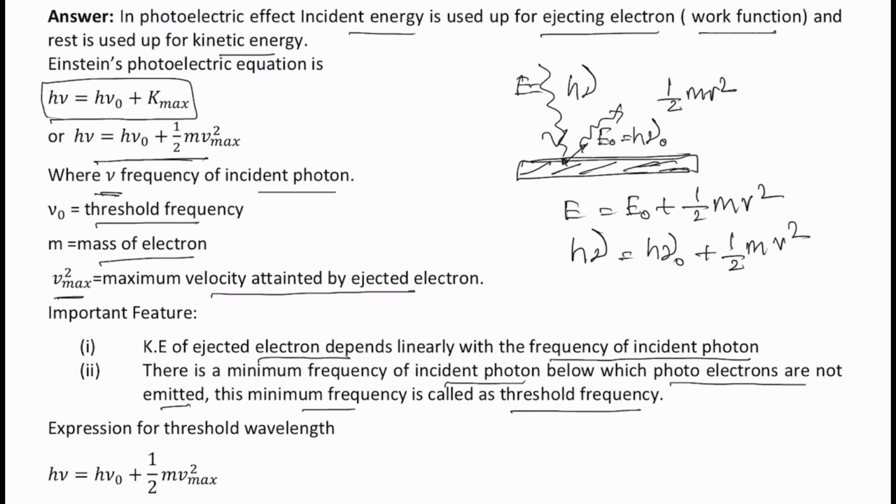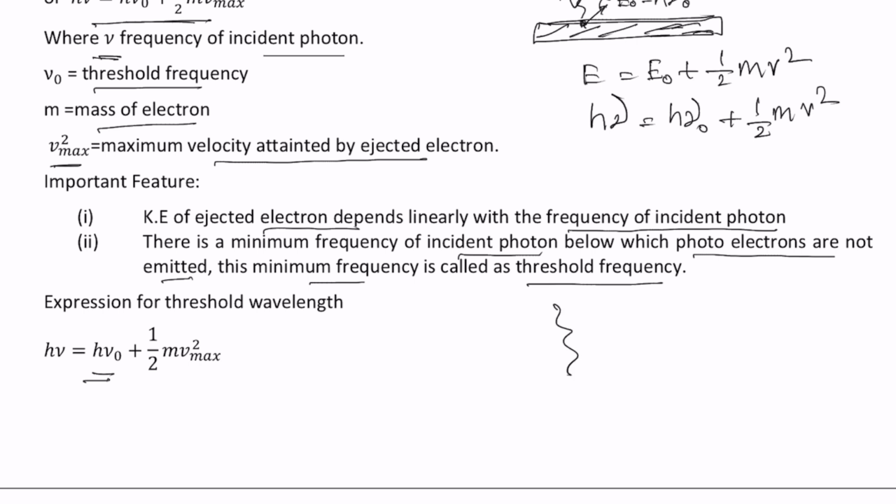Remember this, it is not dependent on the brightness of the incident light. It depends on how much frequency it has and what frequency is required to remove the electron. So it depends very much on whether the threshold frequency is reached or not.